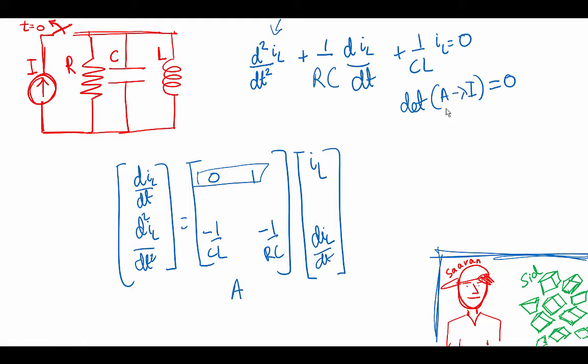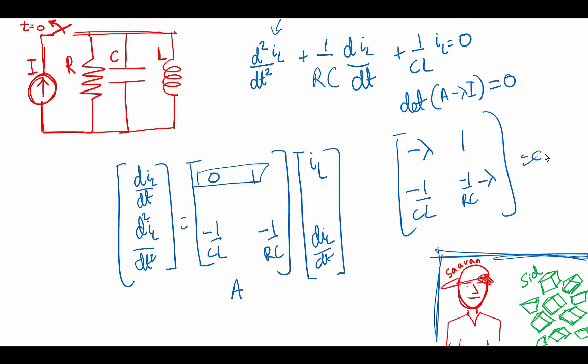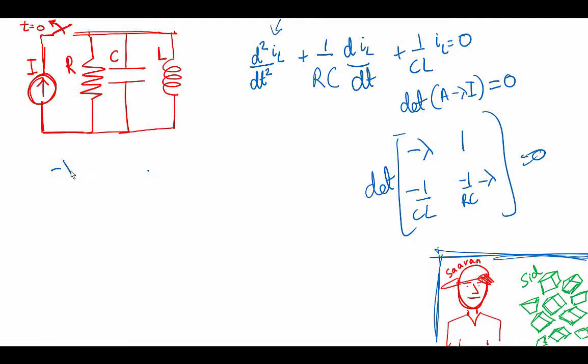So that looks like minus lambda, 1 over CL, and minus 1 over RC minus lambda, and the determinant of this is equal to 0. Minus lambda times minus 1 over RC minus lambda, minus 1 times minus 1 over CL, is equal to 0.